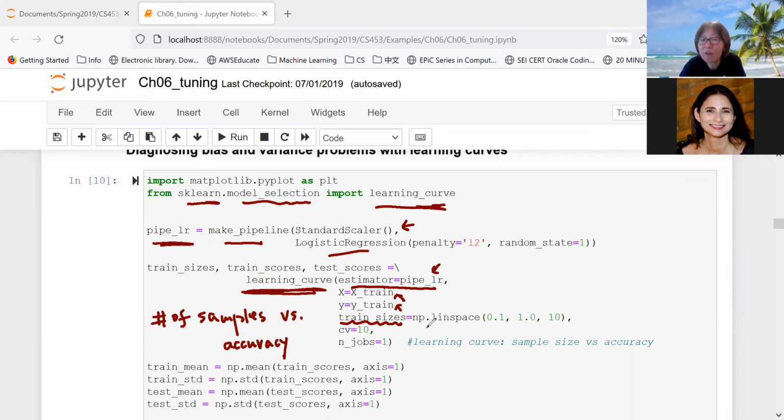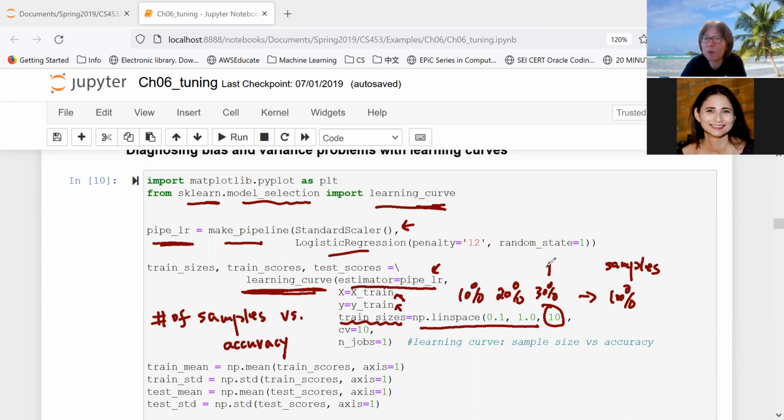So in this case, you can split based on linspace from 0.1 to 1.0. So you're going to split it like 10%, then 20%, 30%, up to 100% of all the samples.